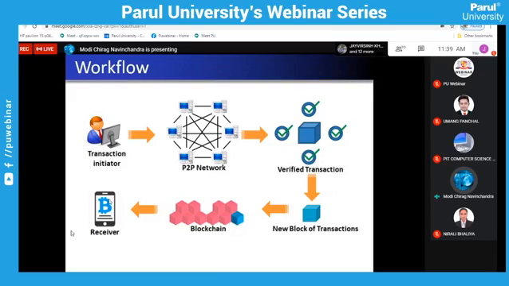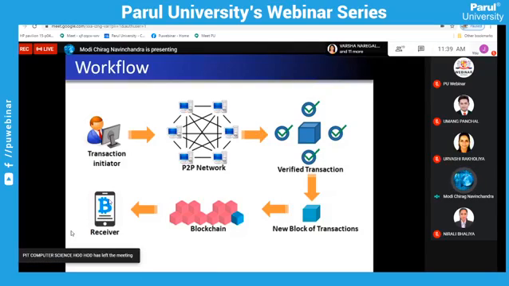This data can be anything. It can be digital currency or any message. This data will be sent to the peer-to-peer network, and every node in the peer-to-peer network will receive it.